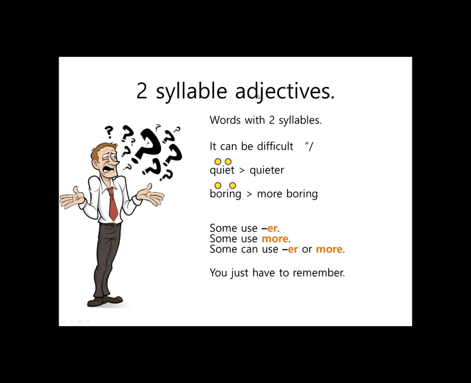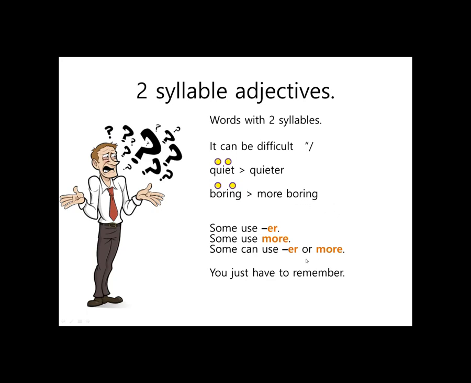Okay, two-syllable adjectives, words with two sounds. These can be difficult. In English, sometimes we use more, and some we use ER. So quiet changes to quieter, but boring changes to more boring.